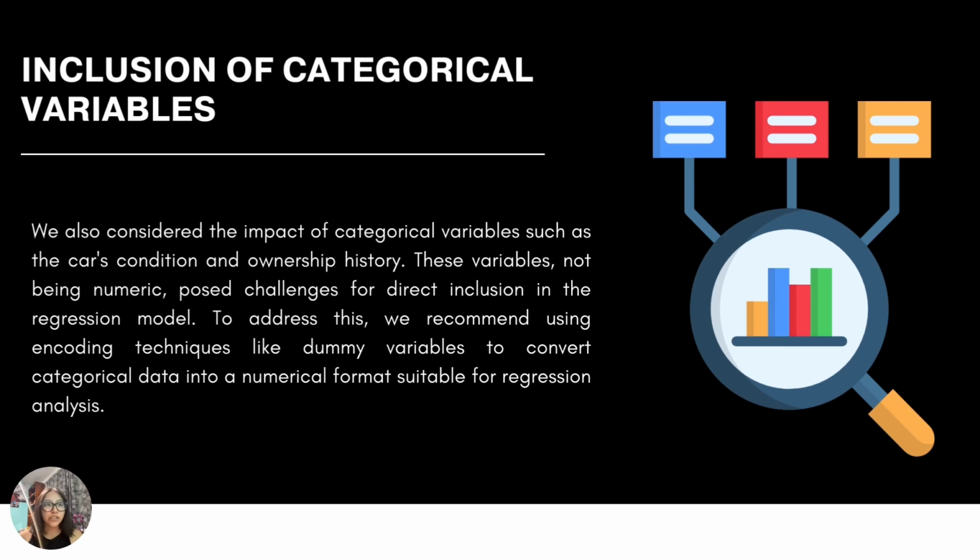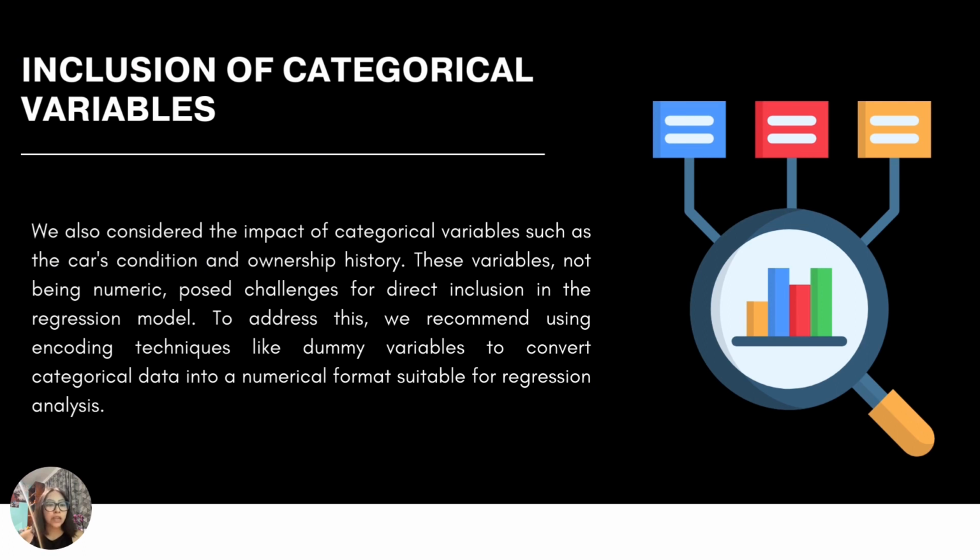Okay, we then stepped into a challenge, which was the inclusion of categorical variables. These two categorical variables were the car's condition and ownership history. The problem with these variables is that they weren't numeric variables, so it was a bit of a challenge in the problem situation.